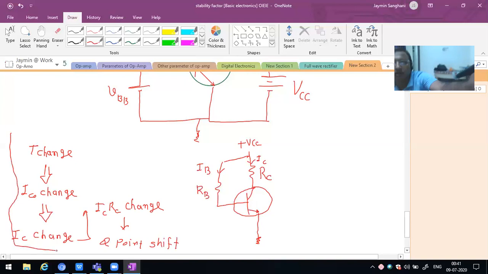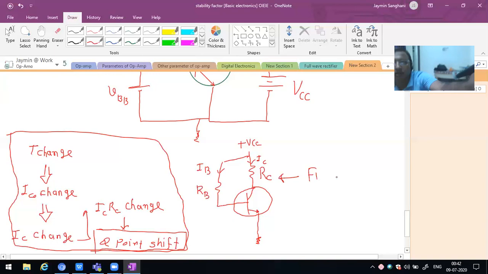Why? Because when temperature changes, minority charge carriers get sufficient energy, so leakage current increases, then collector current increases, then ICRC changes. So the Q point shifts. That's why biasing is required, and this circuit is known as fixed bias technique.